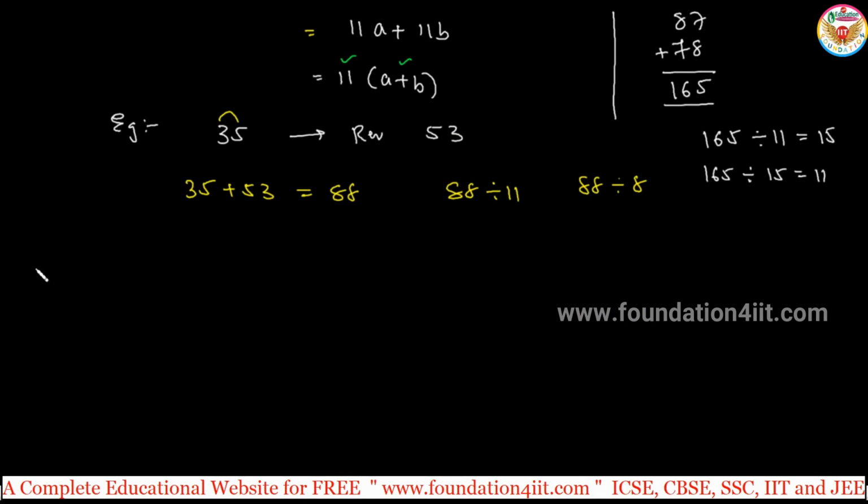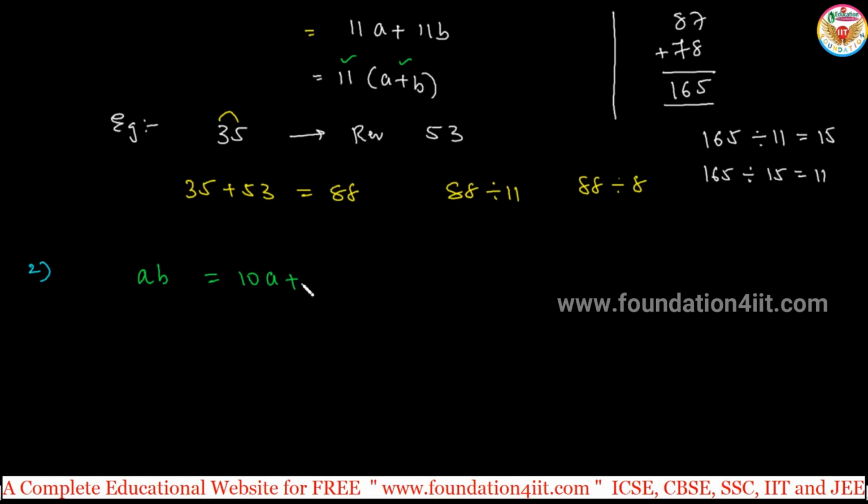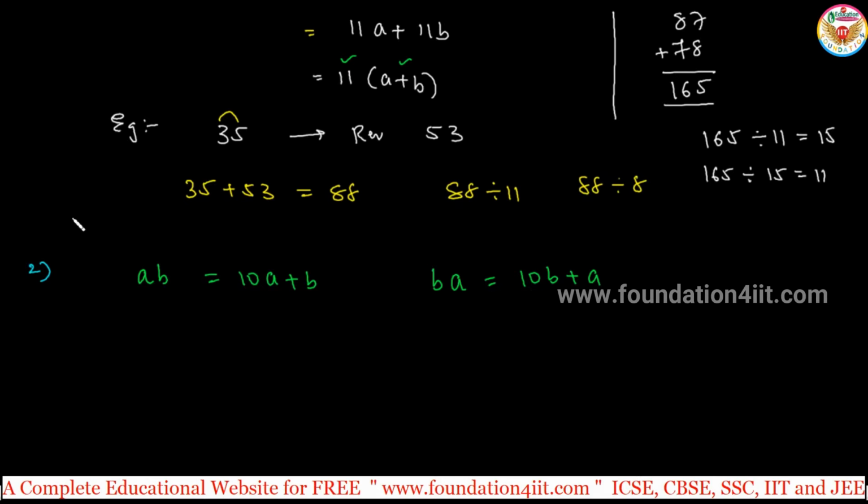Second one, let us take the same numbers and check the subtraction rule. Now AB is a number, that is 10A plus B, right? And BA is the number 10B plus A. By subtracting these both, what will happen? First number minus second number, AB minus BA.